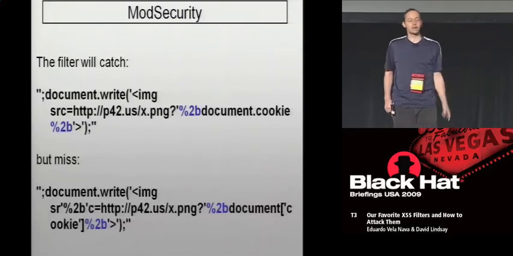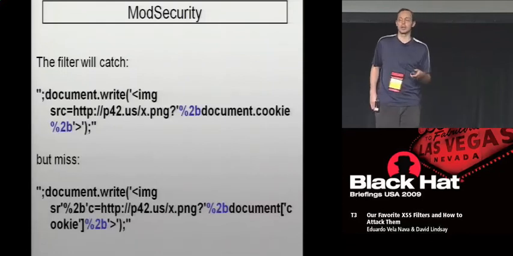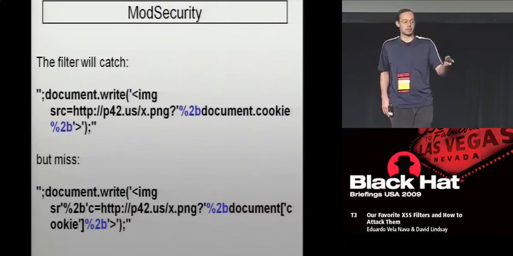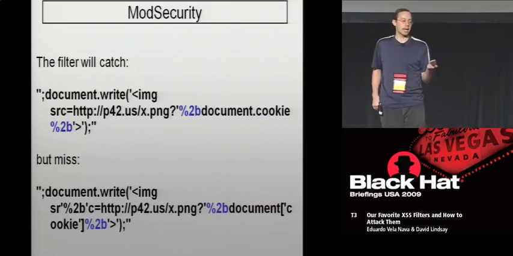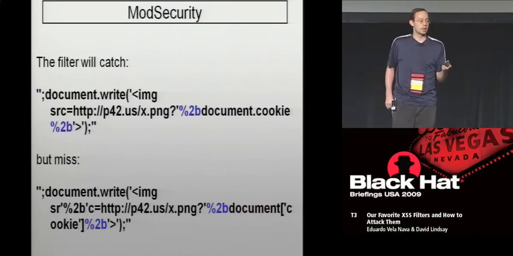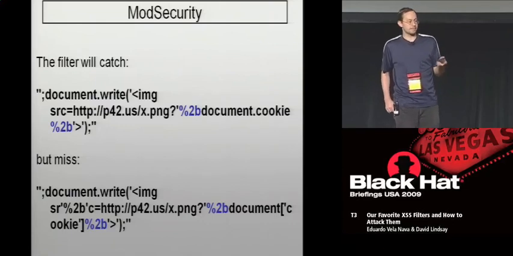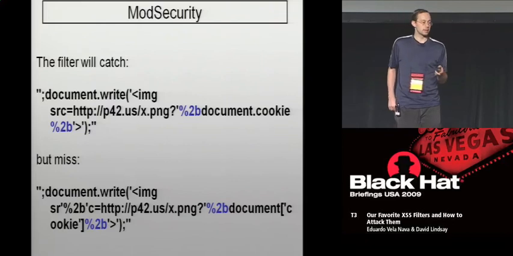Another example, I wanted to show something that's a little bit more realistic in terms of what an attacker would actually be doing. So I tried to inject something that'd be like a cookie logger. In this case, I did an image tag with the source of something. Let's see, what did I do here?